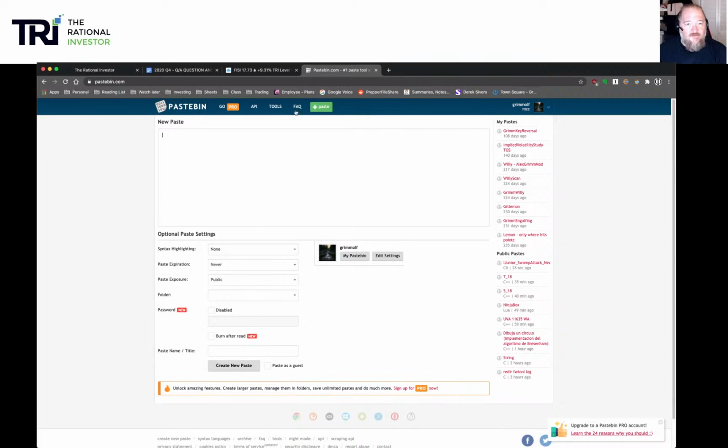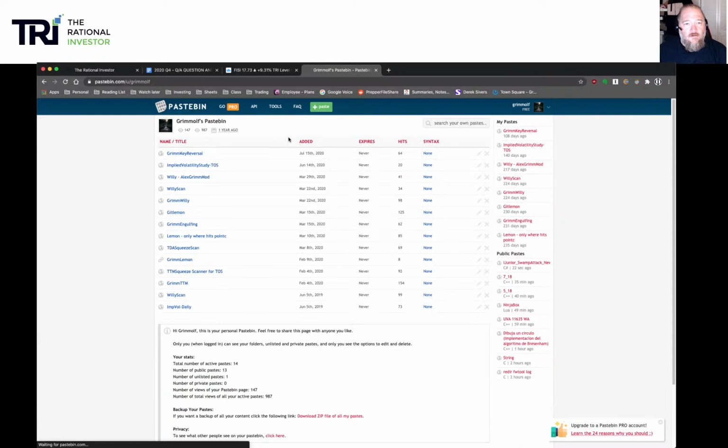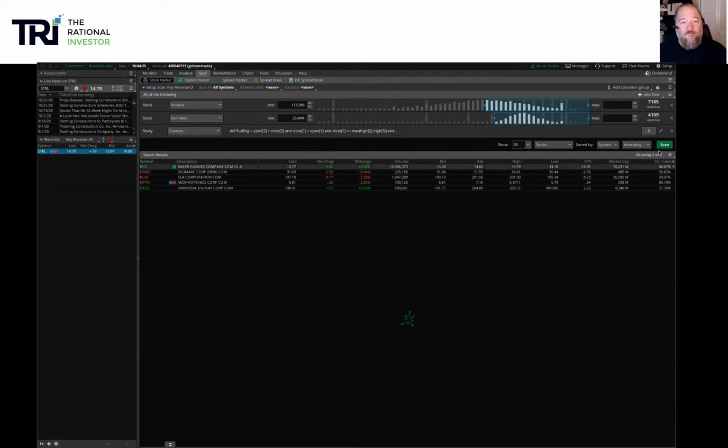Where do I see my stuff? My paste bin. There we go. TDA. Oh, I guess I don't have it saved in here. Let me throw it in there really quick.